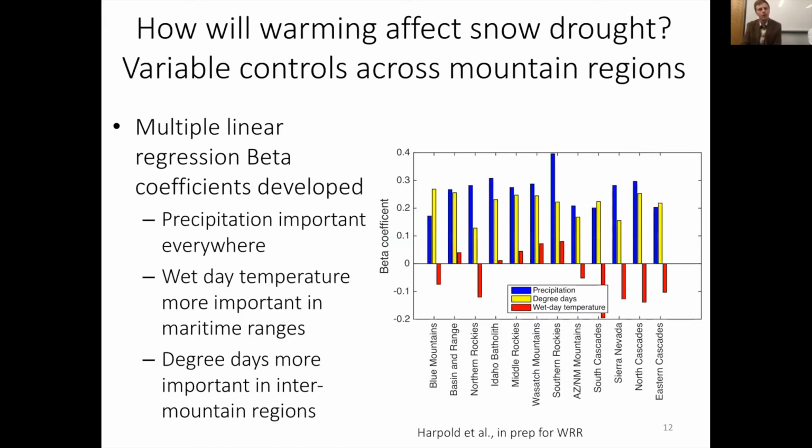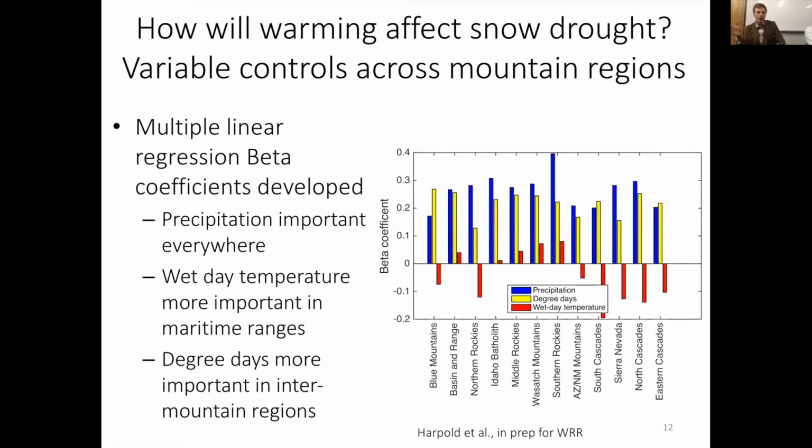And this is the last slide, playing up those regional sensitivities. If you do a multiple linear regression on these really poor snowpack years, so below average snowpack years, with precipitation, the degree days, which is a temperature metric for the amount of energy available, and the wet day temperature, or the temperature on days of precipitation, you see regional differences.